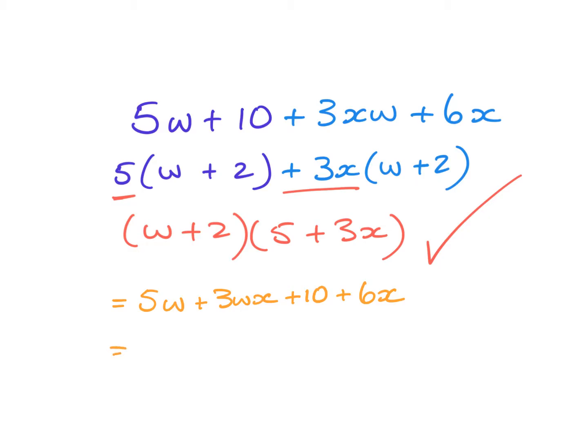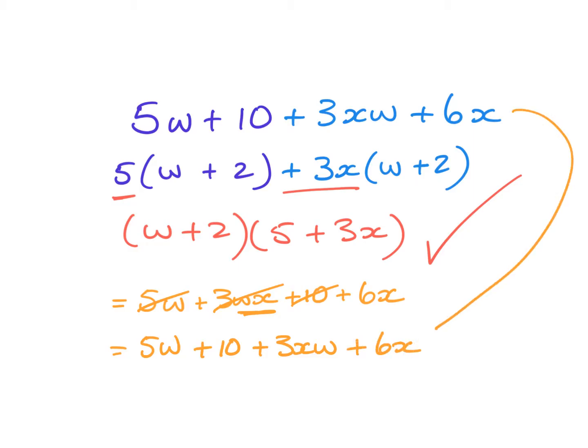Alright, so let's see if we can rearrange it in the same format as this over here. So I'm going to have 5w, I've used that one, then I've got a 10, which is over there, plus 10, then I've got 3xw, okay, so I need to just turn these two around, so that's going to be plus 3xw, I've done that one, plus 6x. Does that whole thing equal the same as that one? Yes, it does. I have factorized it correctly.